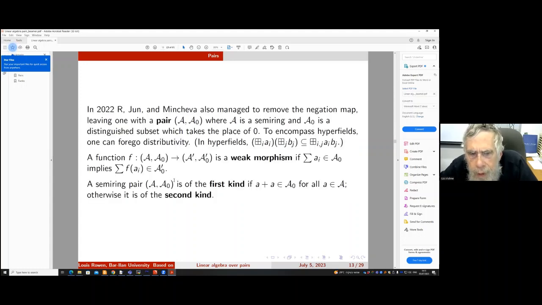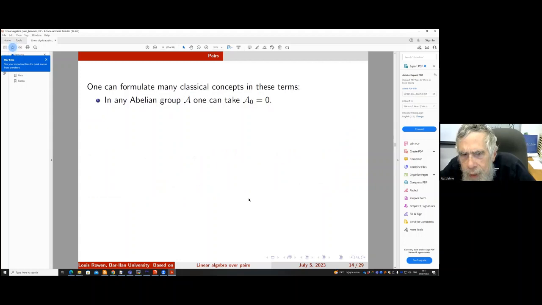And you have two possibilities. The tropical possibility is that a plus a is always in A0, but you might not have that. And in normal mathematics, if it's not characteristic 2, a plus a won't be in A0.